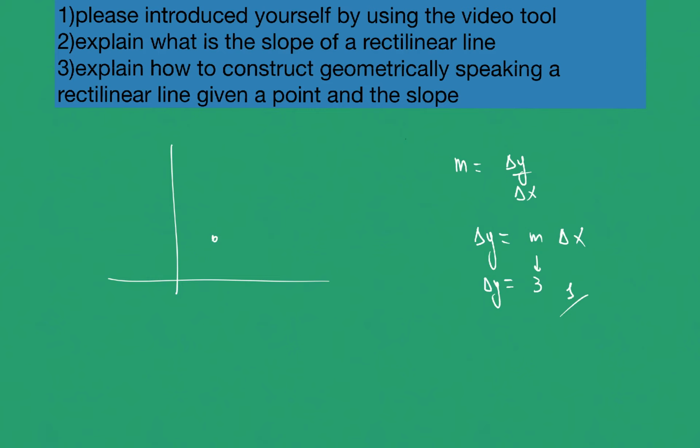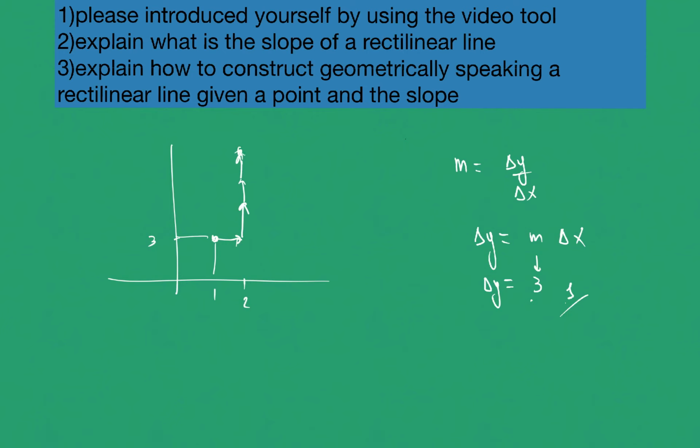So I will move from the initial point. Let's say the point that they give me is the point 1, 3. I will move delta x 1. So delta y will be 3 by 1, 3. 1, 2, and 3. So I'm here.